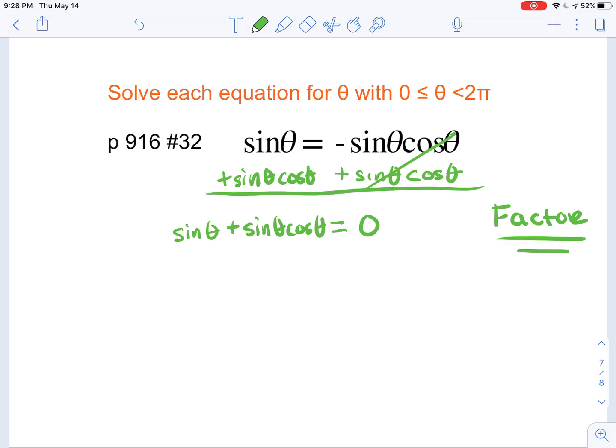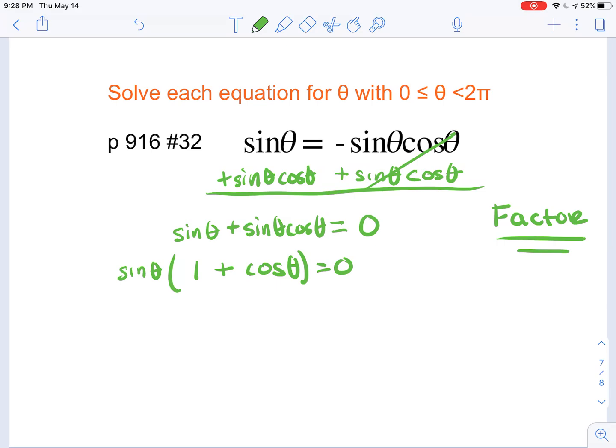We can take out a greatest common factor of a trig function to make things a little bit easier for us. So what do I mean? Well, sine plus sine cosine has a common factor of sine of theta. So if I pull that out as a GCF, that leaves me with the 1 as the first term and cosine of theta as the second term.